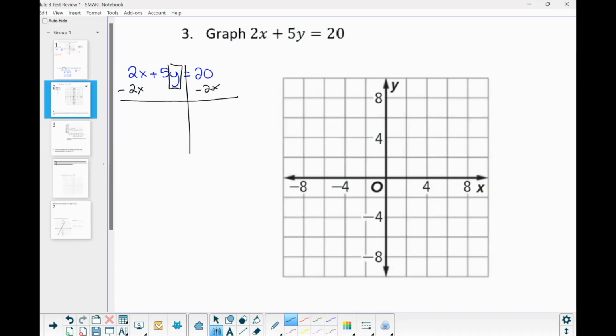I can't combine 20 and negative 2x, so I'm just going to write them right next to each other. Bring down my 5y. I'm going to divide by 5 to get rid of that 5. Whatever I do to one side, I must do to the other. I'm left with negative 2 over 5x plus 4.